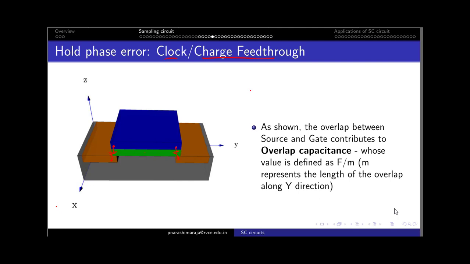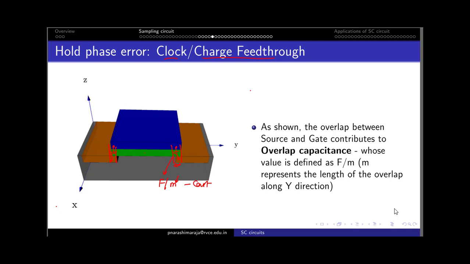There is a particular portion that overlaps, and this overlap creates a capacitance, which is always expressed in farad per meter, where the meter represents the length of the overlap, and this value is constant for the technology that we are working in.